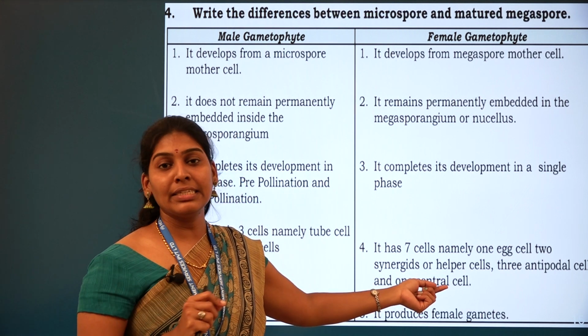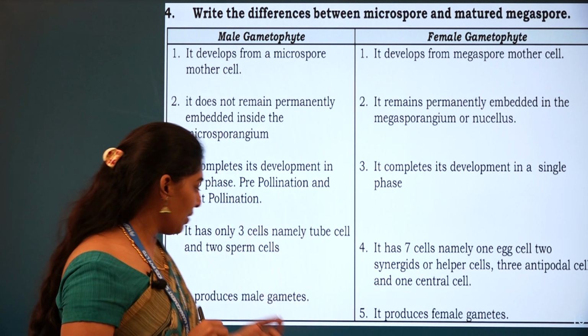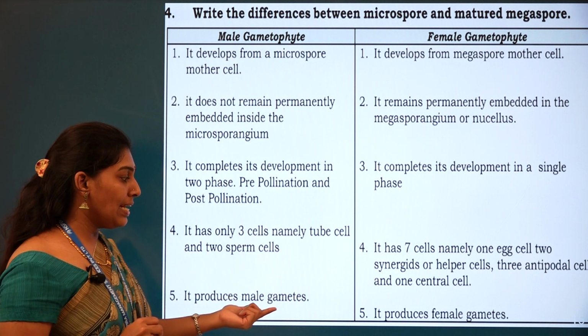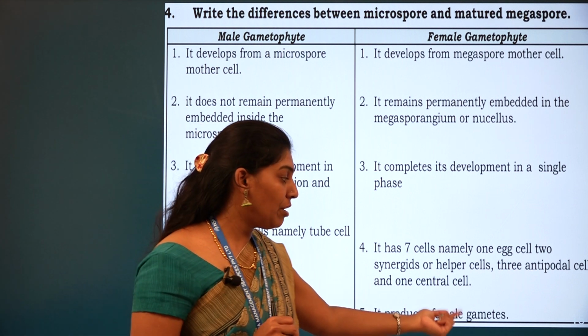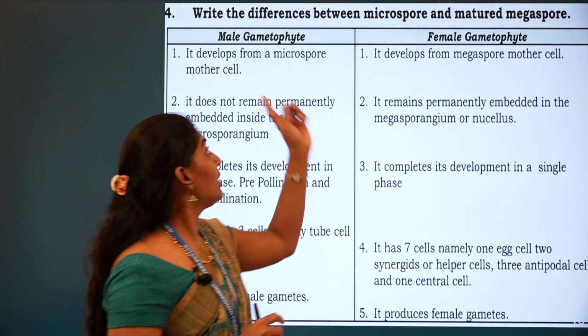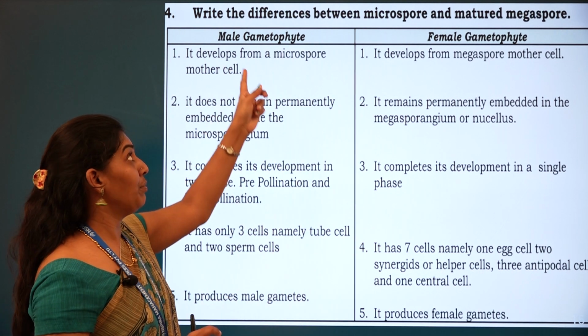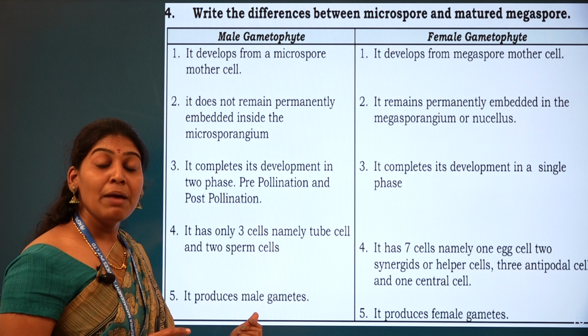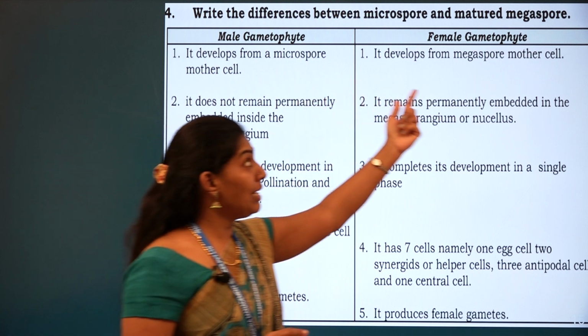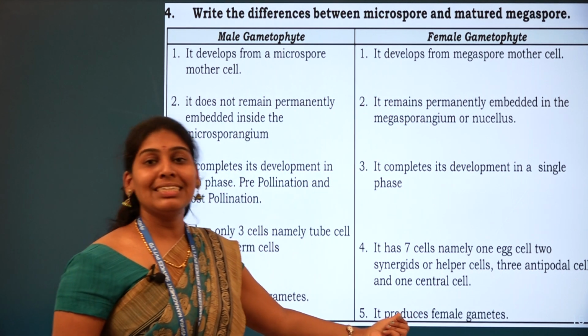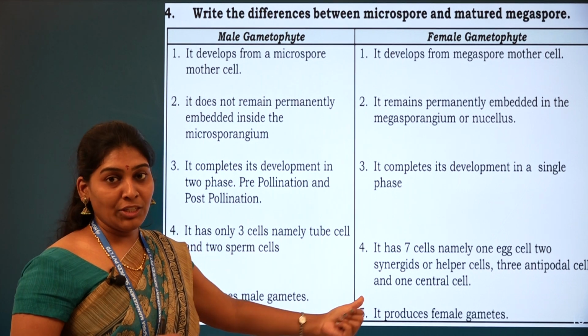The central cell consists of 2 nuclei. The male gametophyte produces male gametes, and the female gametophyte produces female gametes. Okay children, thank you.